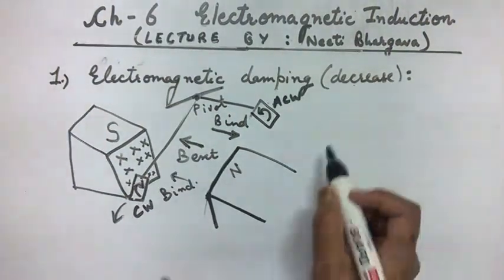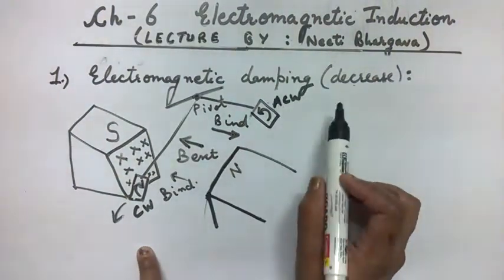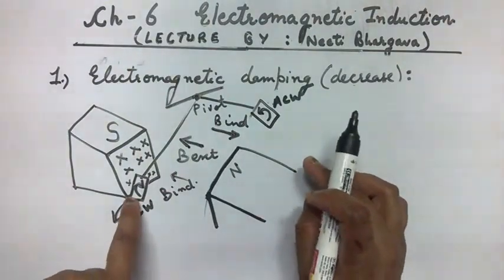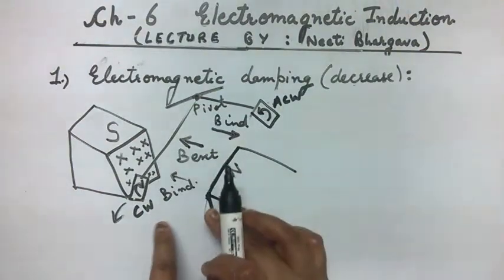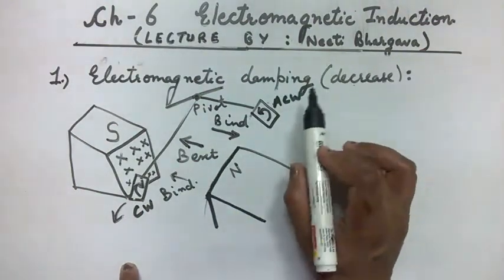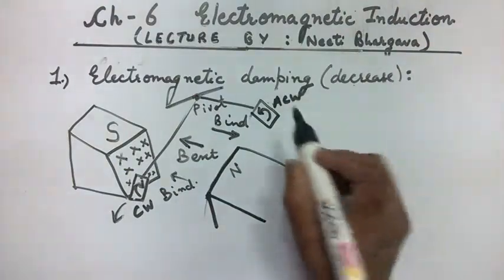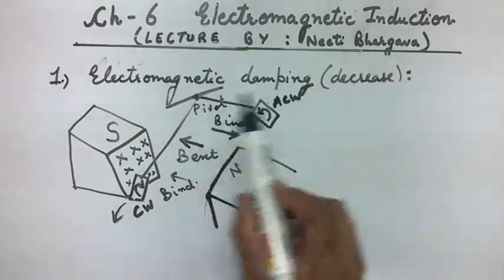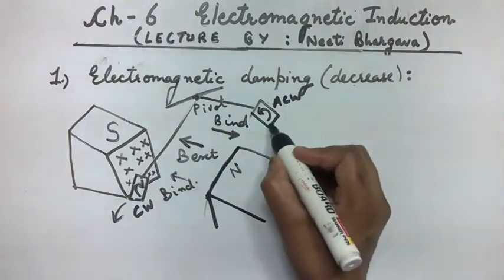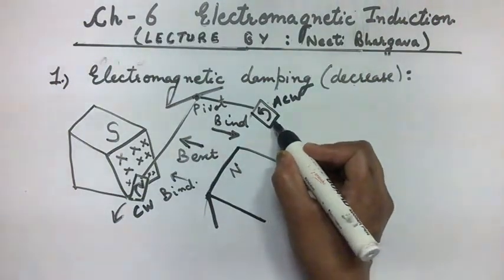Thus, we can see that because of the heat energy produced in this metallic plate, it will stop. Because of this damping, the amplitude will decrease, and if we want to remove this cause of decrease, we have to convert this metallic plate into slots.